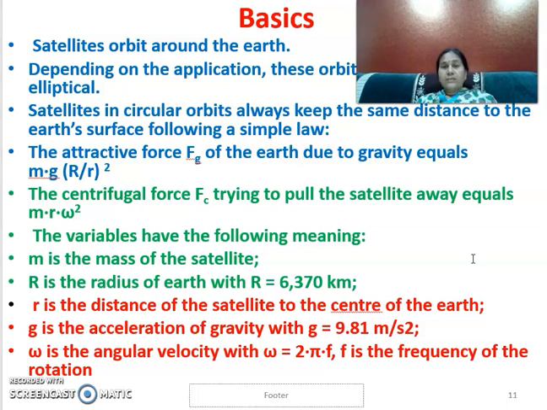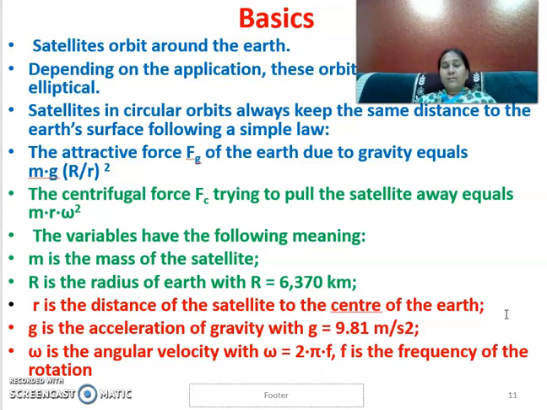How? This is because of a few forces acting on the satellite. One is the gravitational force, also called the attractive force, from the earth. Another is the repulsive force from the satellite, called the centrifugal force.